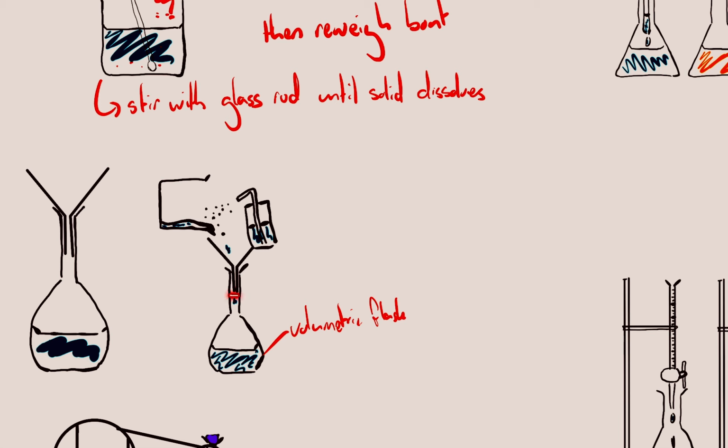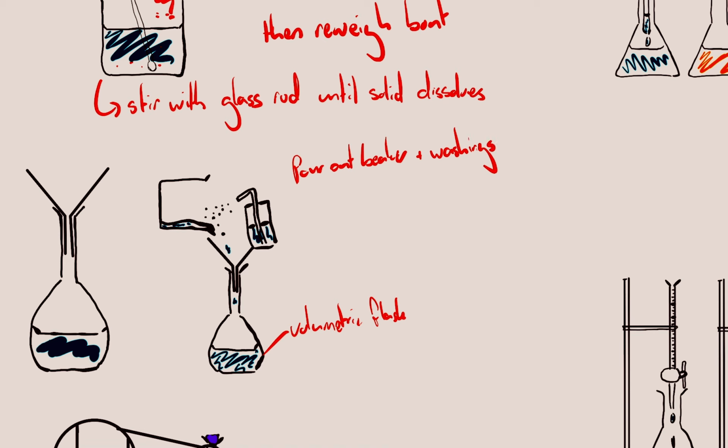So we're going to have an exact line here where once we add our liquid and the meniscus is on that line, we'll know we've got exactly 250 centimetres cubed. But we need to make sure that all of our solid is in there as well. So we're going to pour out beaker, plus washings.